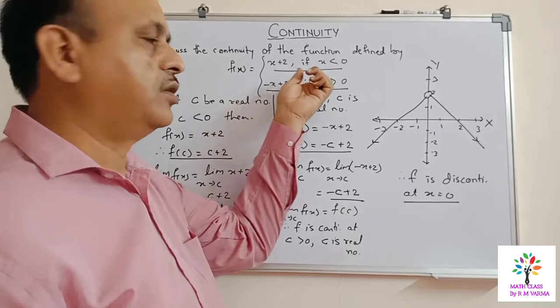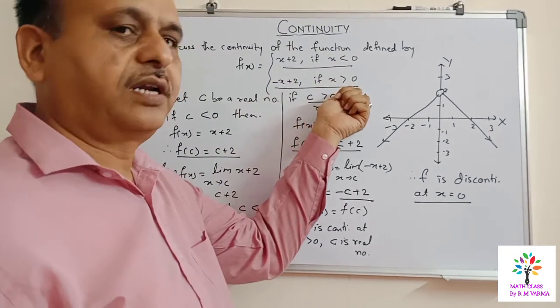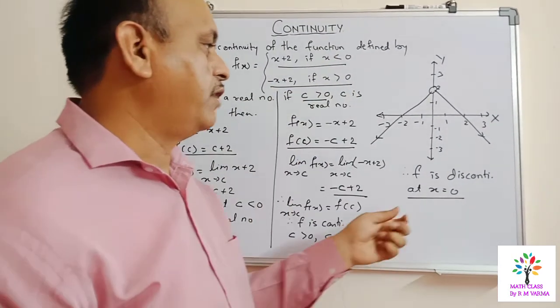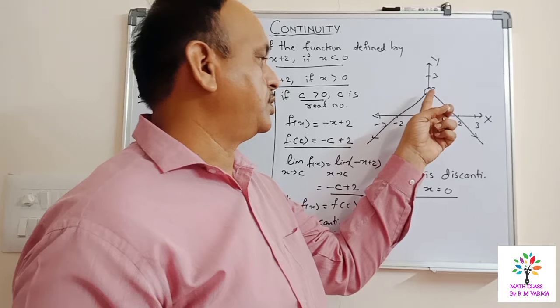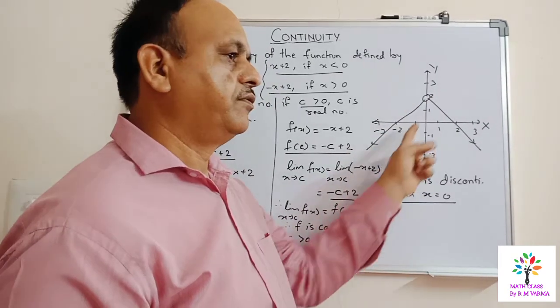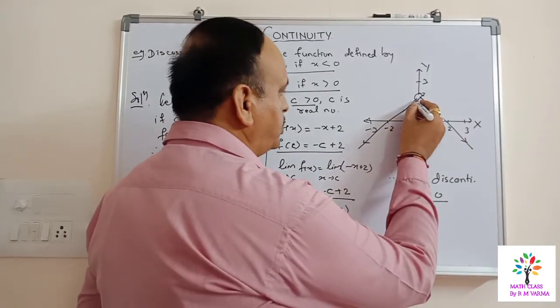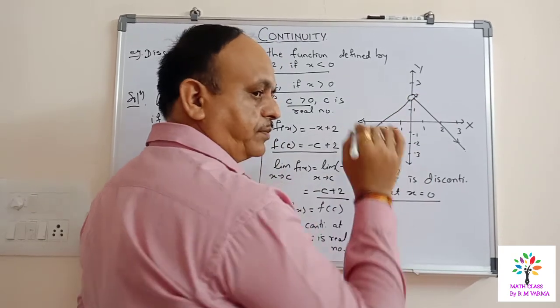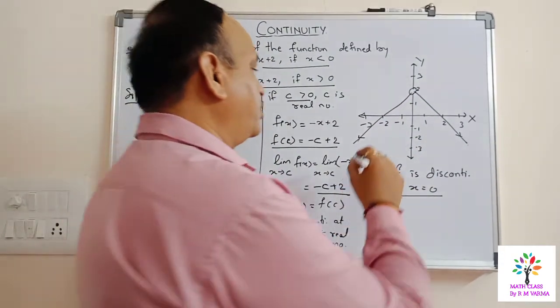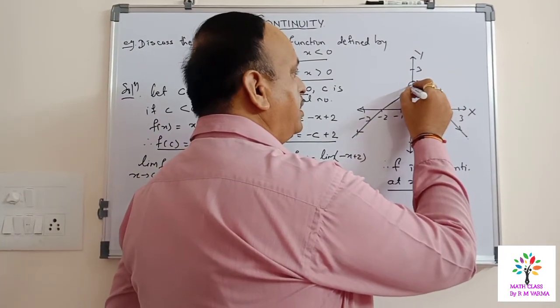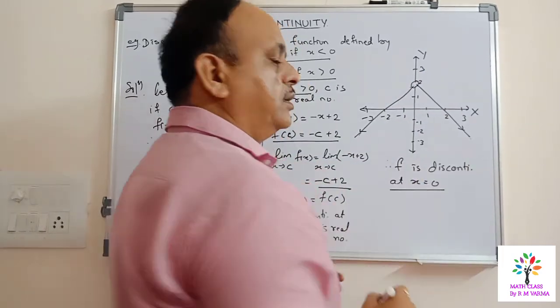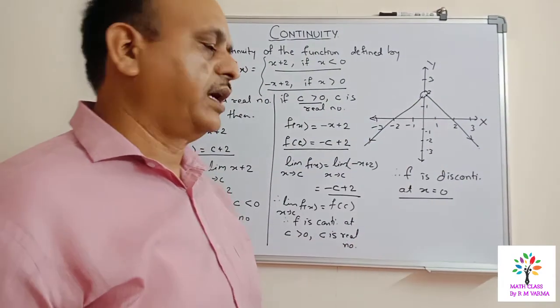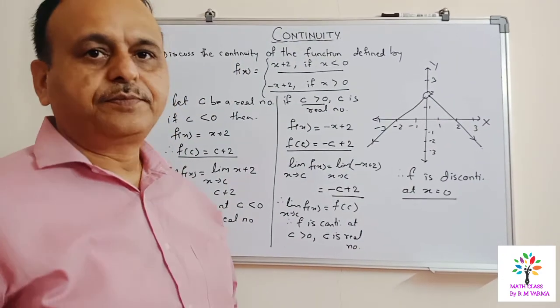Less than 0 is defined and greater than 0 is defined, but f is discontinuous at x equals 0. Other than that, you have the value. So from this portion it is continuous, here also it is continuous, but at a particular point it is discontinuous. When I draw the graph, I have to lift my pen here, then I continue. So this becomes discontinuous at x equals 0.